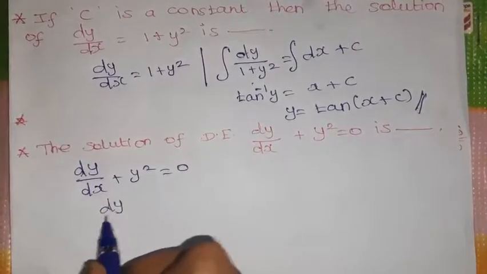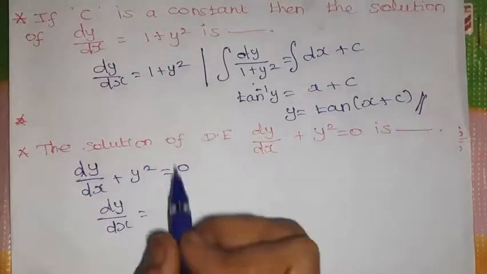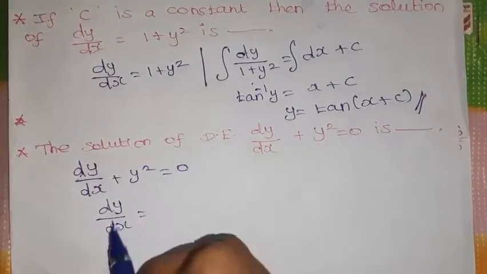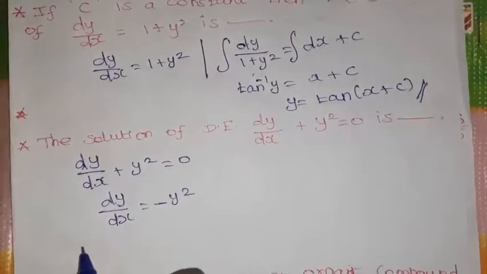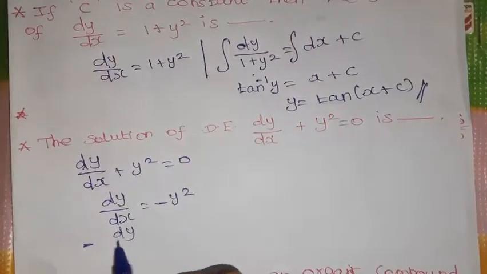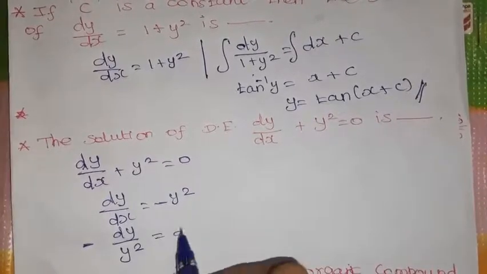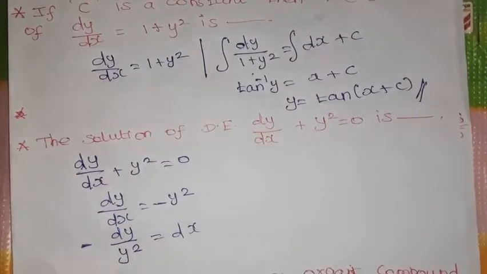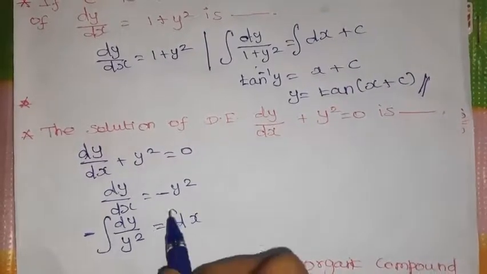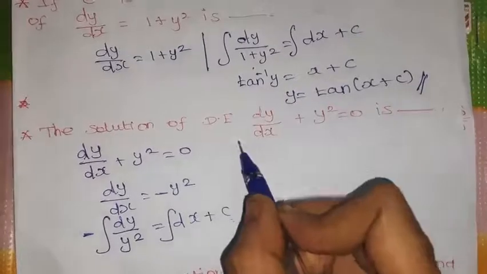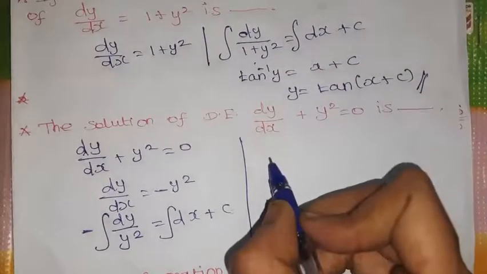We need to separate dx on one side and the y variable on the other side. dy/dx = -y². Then the minus sign stays: -dy/y² = dx. Separating the variables, then we integrate on both sides, plus c constant. Let the sign be.